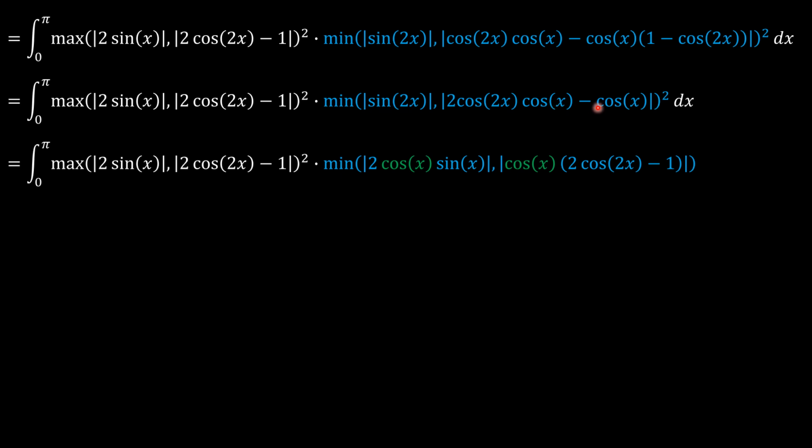We've pulled the cosine x out, so we have 2 cosine 2x minus 1. So since this is common, we can pull that out and focus on the minimum between 2 sine x and 2 cosine x minus 1. And already you see, let's probably pull that out fast so that it's easy to visualize.